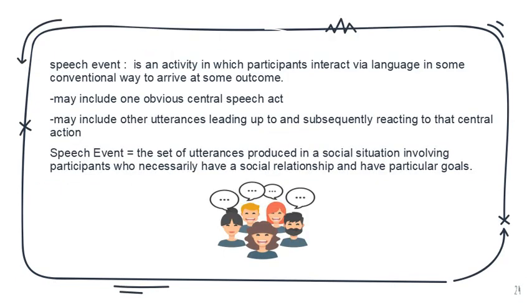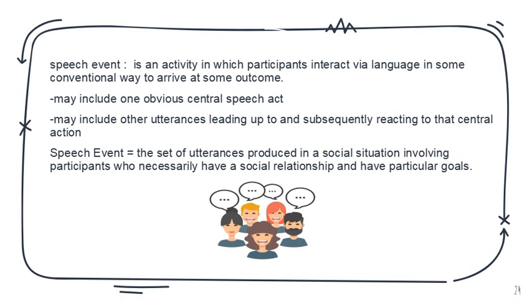In a social situation involving participants who necessarily have a social relationship of some kind and who on a specific occasion may have particular goals, the set of utterances produced in this kind of situation is a speech event. A speech event is an activity in which participants interact via language in some conventional way to arrive at some outcome.